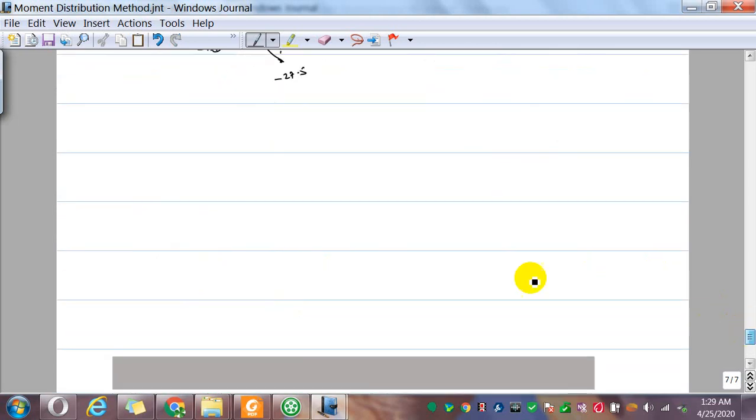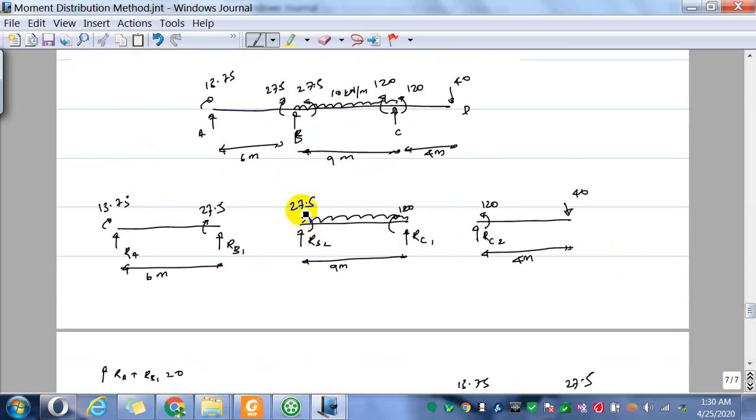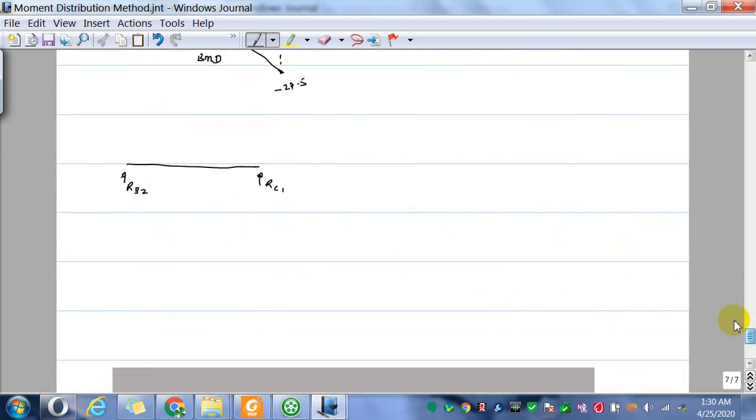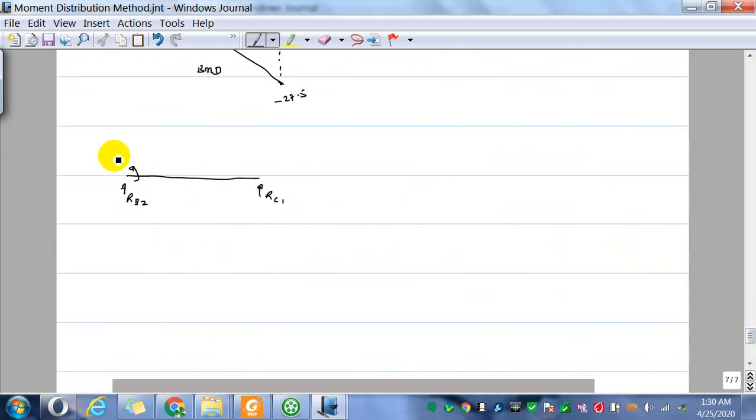So if I consider the next segment, that is BC, you have RB2, RC1, then you have the moment 27.5 counterclockwise, 120 clockwise. And then you have a load acting on this one, that is 10 kilonewton per meter.